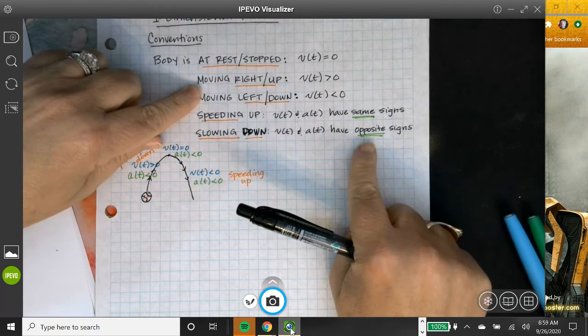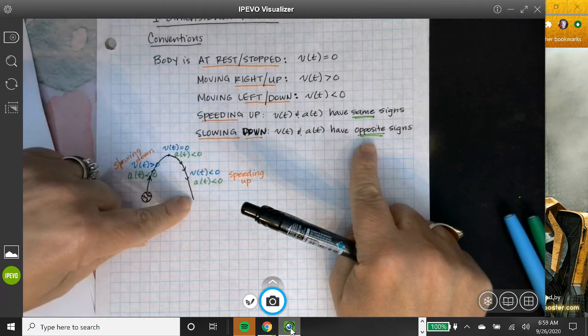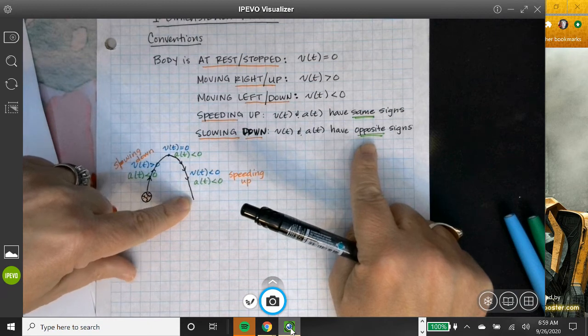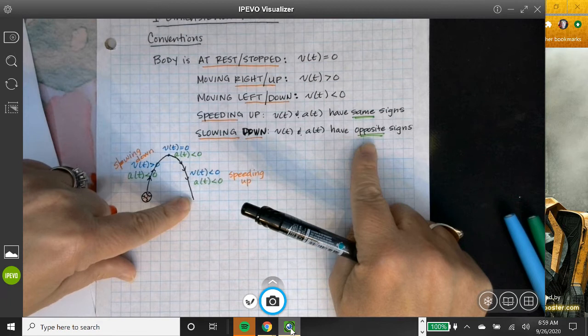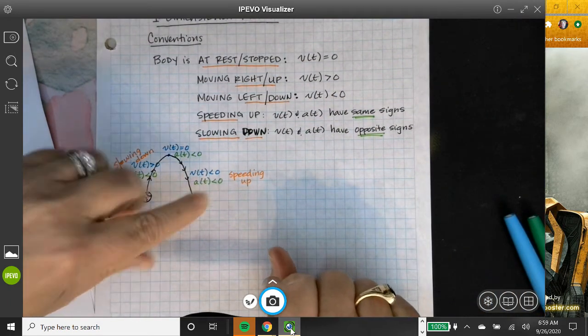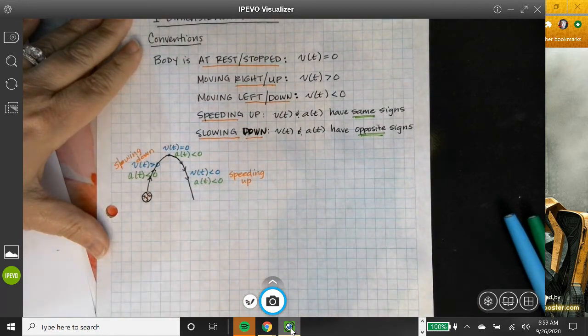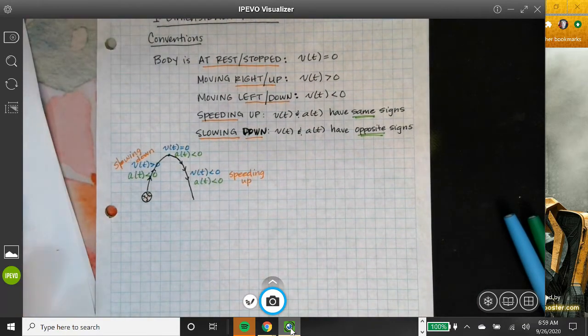And so if you have an acceleration in the same direction as motion, for example, you can be moving right and the acceleration is positive and you're speeding up in the right direction. You can also be moving left and have negative acceleration and you're going to be speeding up in the negative direction. So you have to compare the signs.